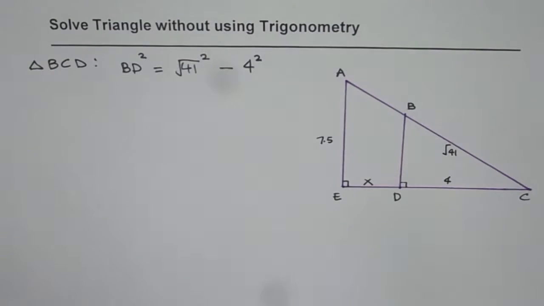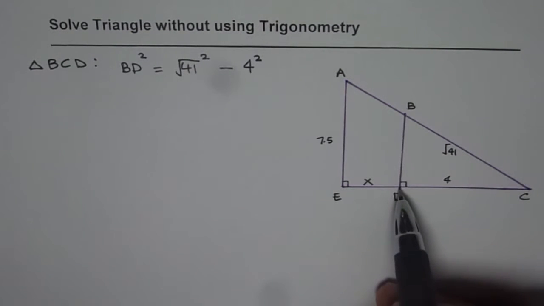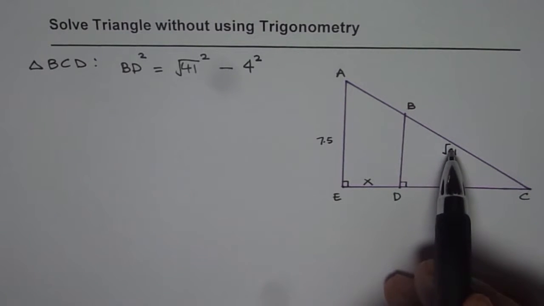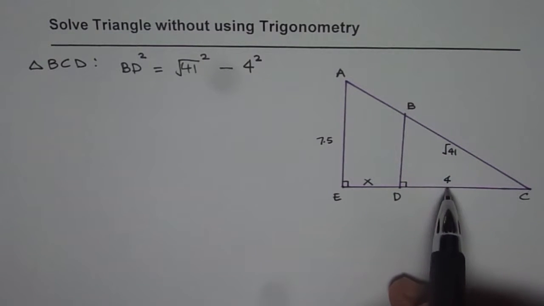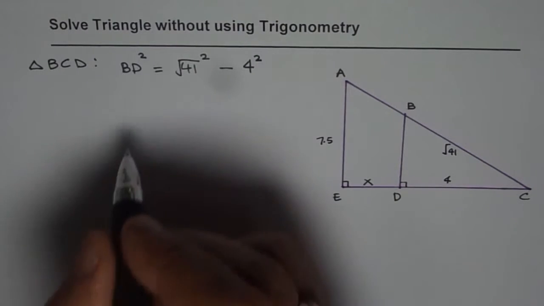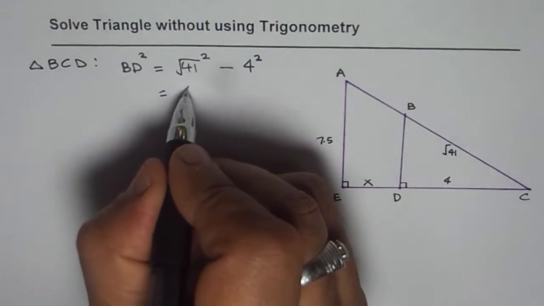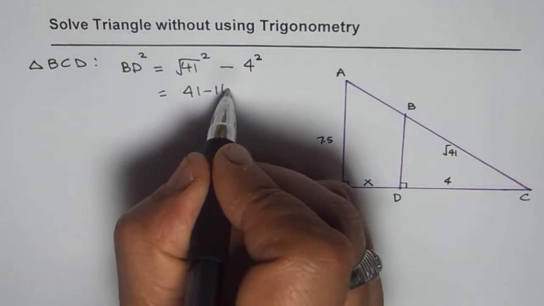I'm just missing a few steps but explaining to you, right? So BD is the smallest side of the triangle, which is equal to hypotenuse square, take away the other side of the triangle. That gives us 41 minus 16, right?